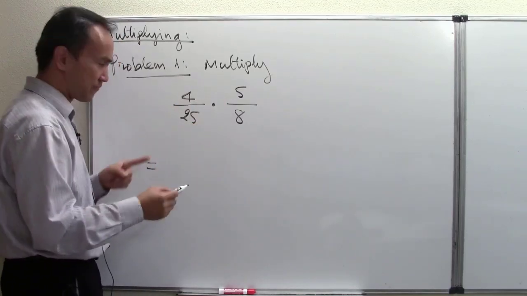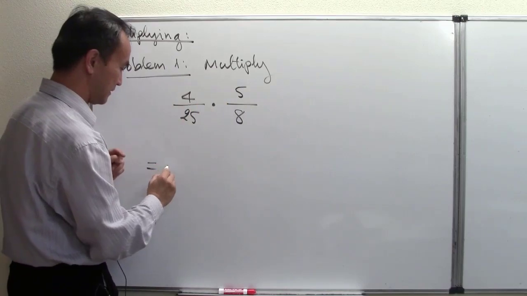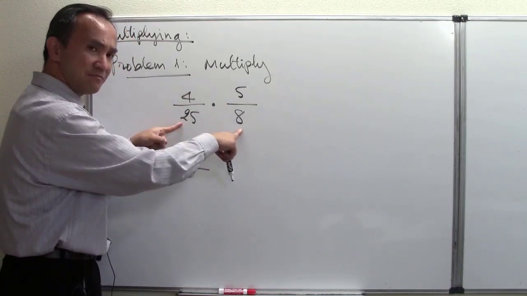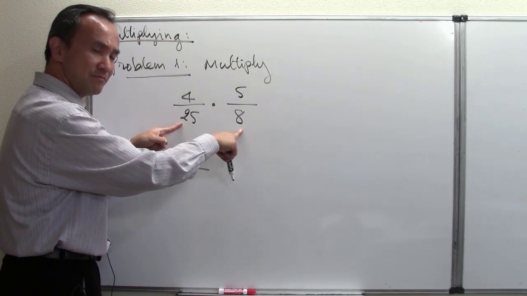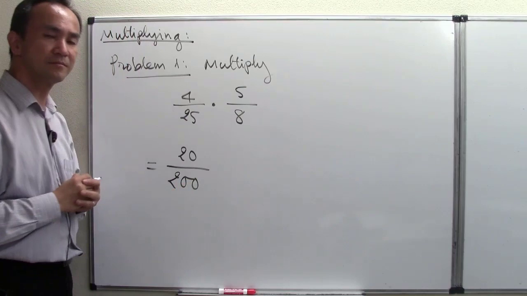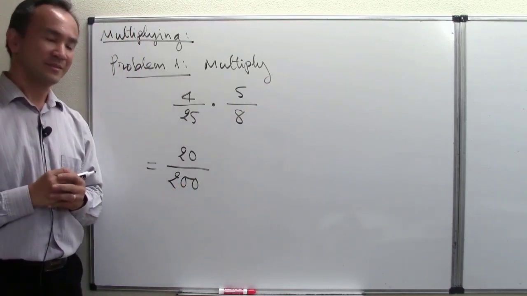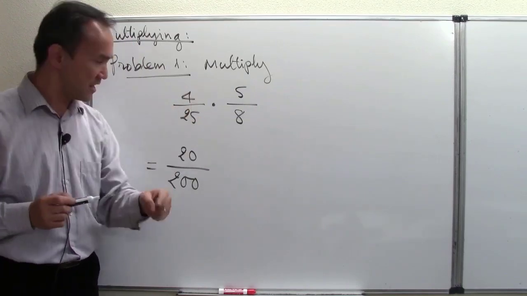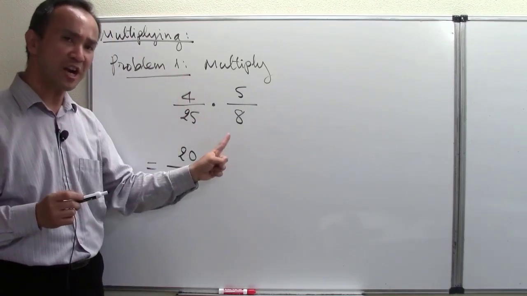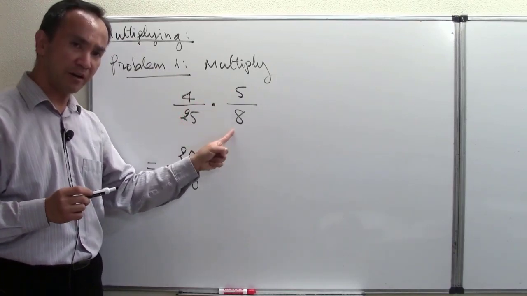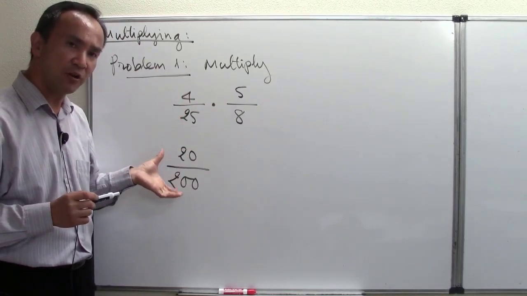So 4 times 5 is 20, 25 times 8 is 200. Now we have come to the final fraction. Again, the fundamental is that anytime we multiply two fractions, we multiply numerator with numerator, denominator with denominator, and that's how we come up with the final fraction.